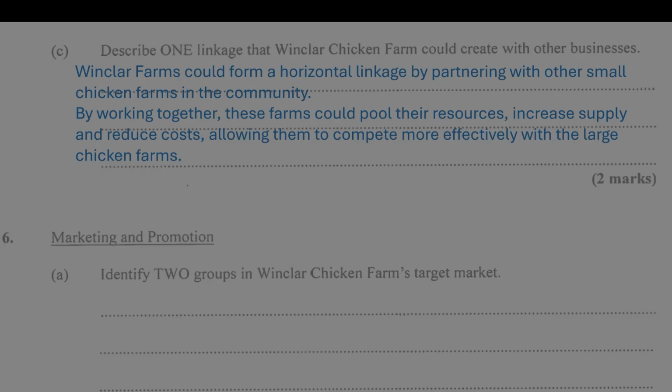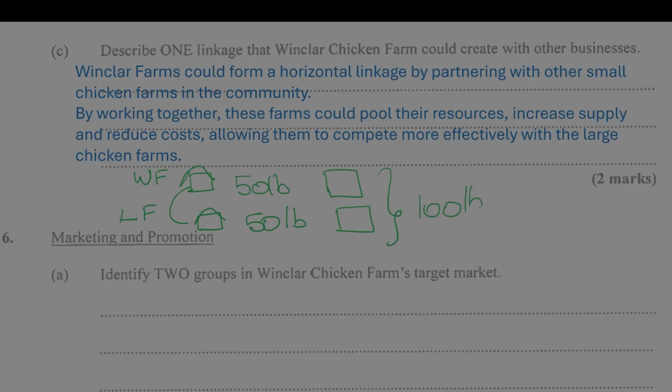So, for example, if we have Winkler chicken farms, they may be ordering a 50-pound bag of chicken feed. This doesn't entitle them to any bulk purchasing discounts. However, if they team up, so this is Winkler Farms, with another local farm and pool their resources, so they both pool their money for a 50-pound bag of feed and they buy a 100-pound bag instead.